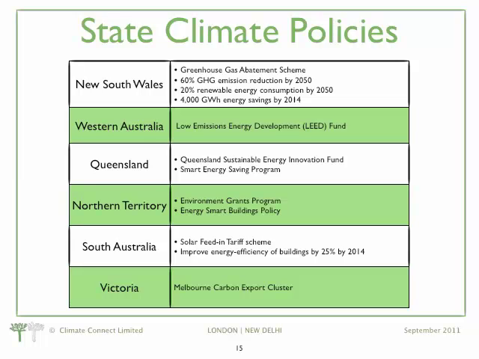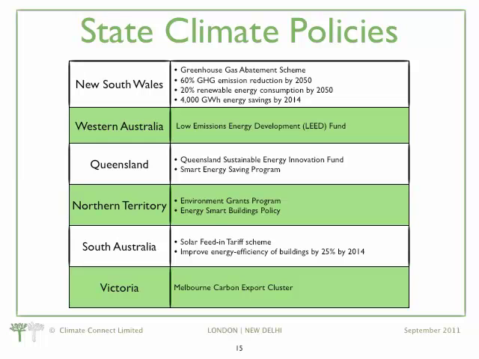In Western Australia, the government has announced a low emissions energy development fund. In Queensland, the government has announced a sustainable energy innovation fund and smart energy saving program for businesses. In Northern Territory, the government has announced environment grants program and energy smart buildings policy.